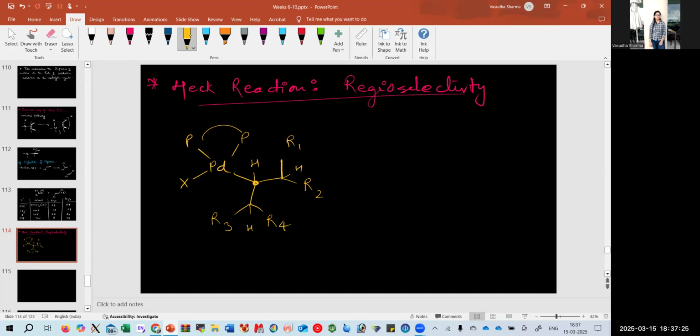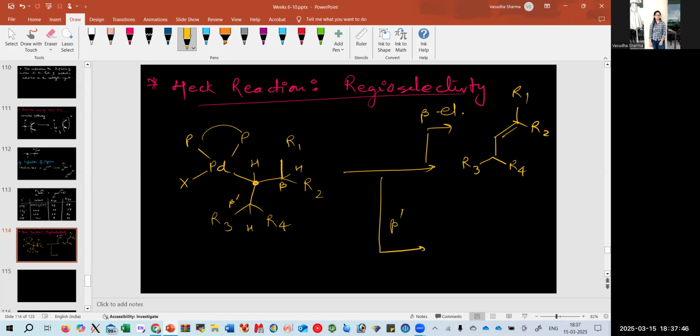This is your alpha, now this is your beta, and this is your beta dash. Now there is a possibility of first the beta elimination, where you will end up having a product type R4, and double bond is being formed here, R1 and R2. Or if you have beta dash elimination, you would end up having double bond here, R1 and R2. So these are the possibilities where your competing beta elimination can end up, or the one that decides the selectivity of your Heck reaction.